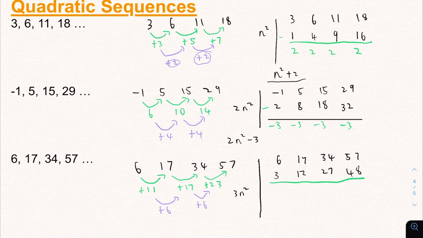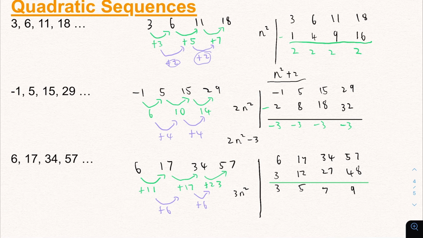And what you get now, if you subtract, is 3, 5, 7, and 9, right? So unlike the last two, it wasn't just a constant number. Now it's 3, 5, 7, and 9.